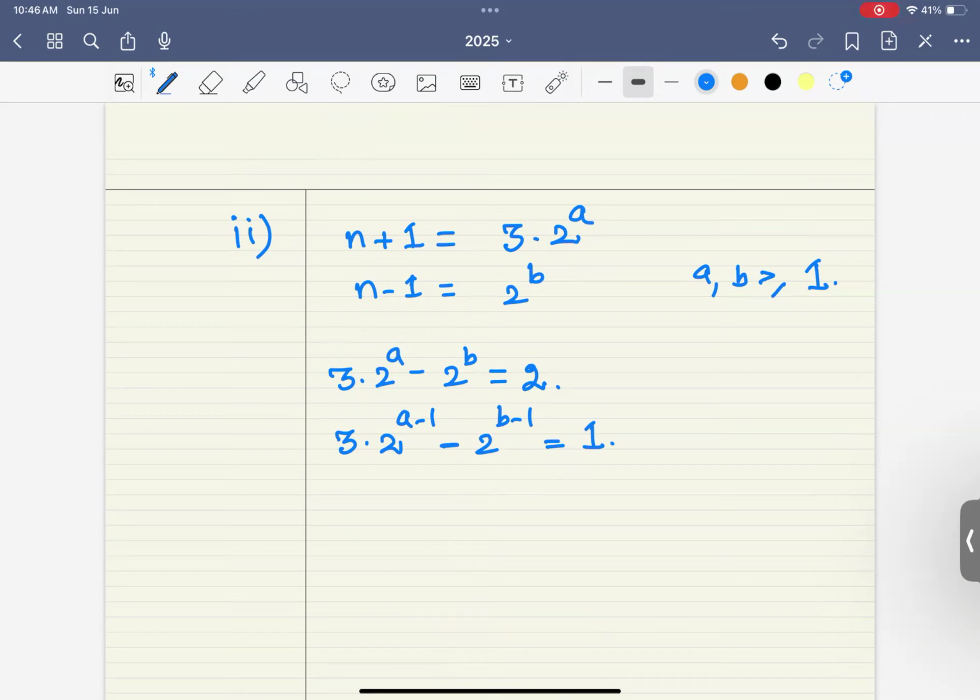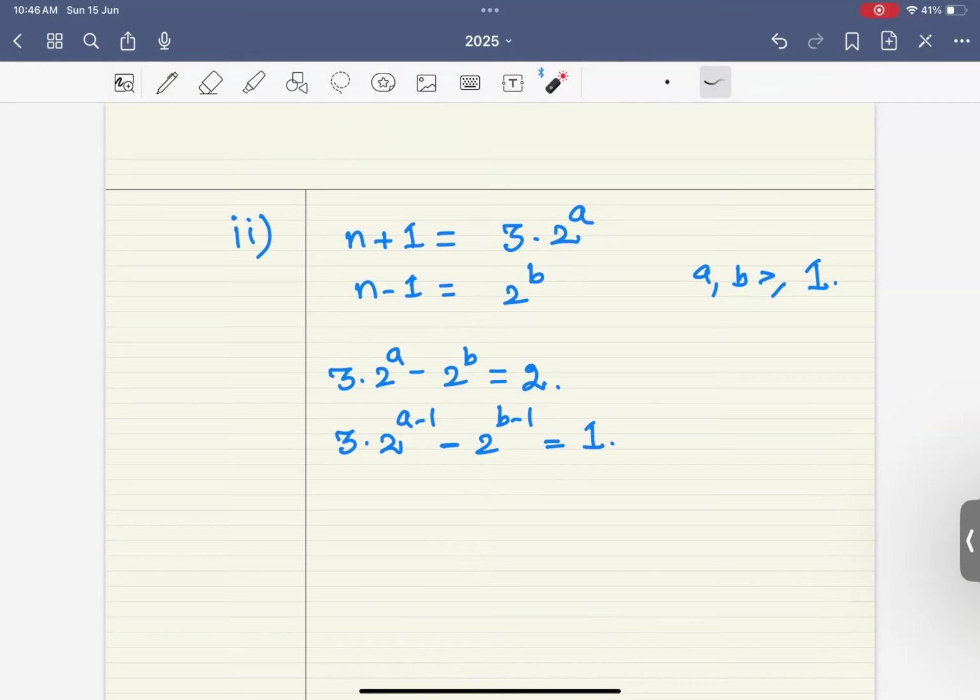Right? So what do you get from here? Now, can we sort of stipulate some conditions on a and b?